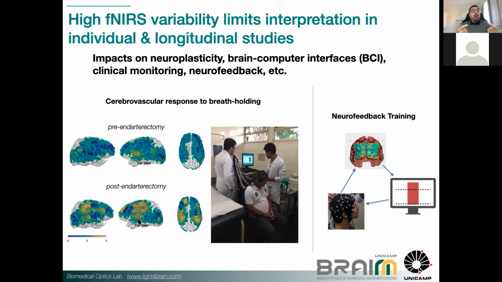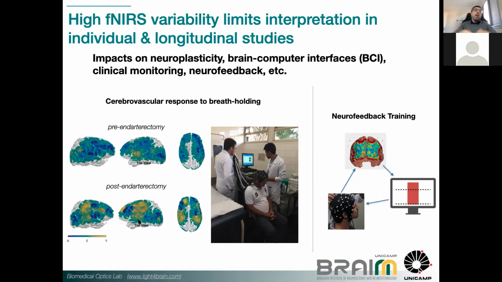Because we don't know whether the change we are seeing is due to the natural variability in the data, or is really related to the procedure or the cerebral plasticity that happened during this period. Right? And the group average doesn't help here, because I'm interested in every single subject and how every single subject responds to the surgery, right?